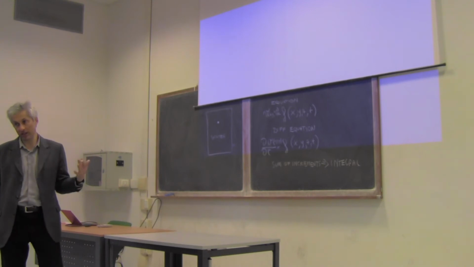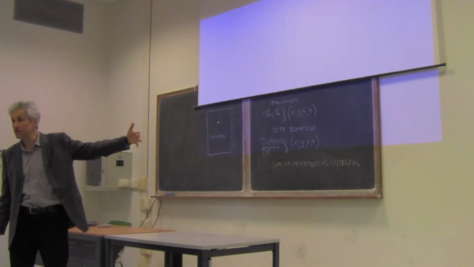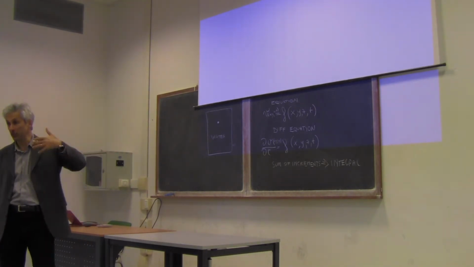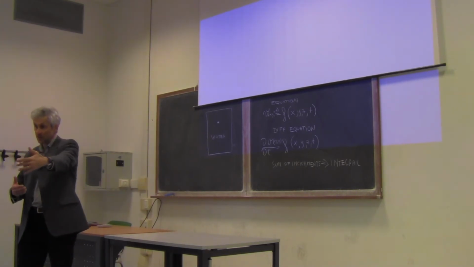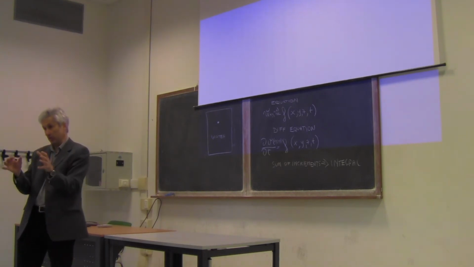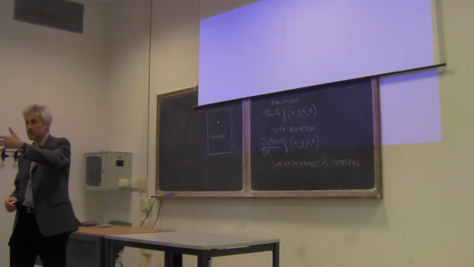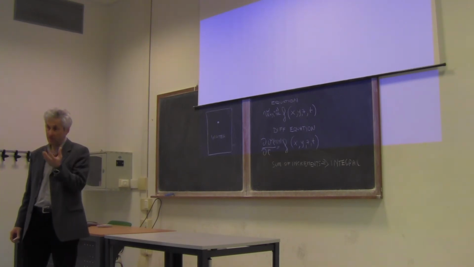But if you want to get the value of v, you sum the increments, and you need to know something more, the starting value of v. Because if you know the delta v's, and you want to compute v, you need to know an initial point. Because v is equal to v0, the starting value, plus the delta v's. This starting point is given by the initial and boundary condition.